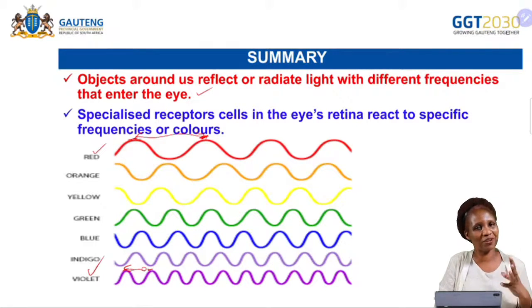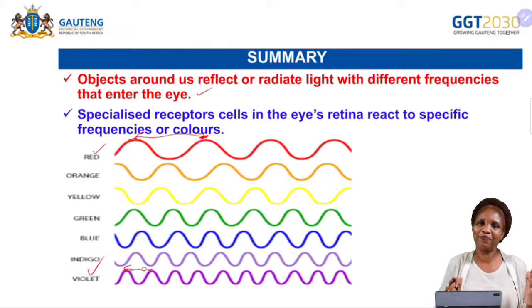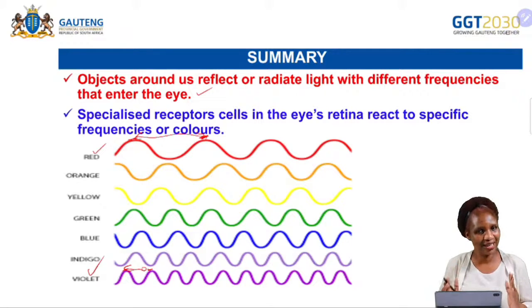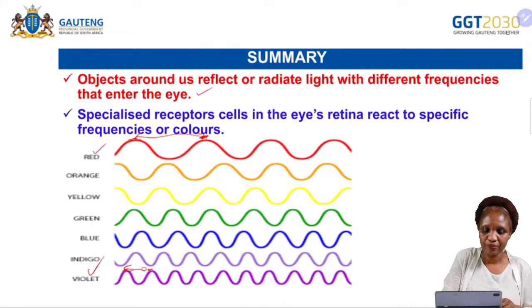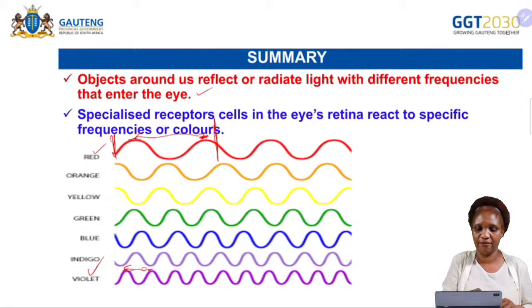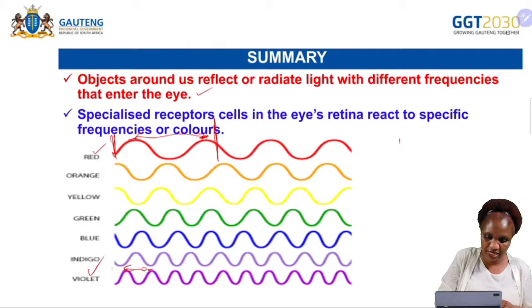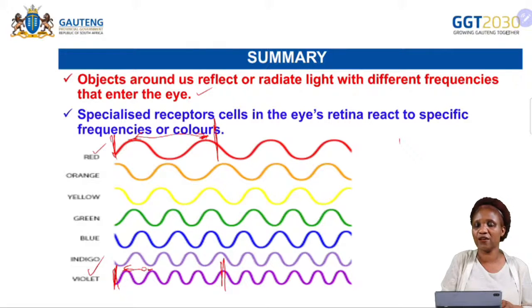But when it comes to frequency, we are measuring the number of waves that pass at a certain point at a given time. For example, if we check how many waves will pass from this point to this point. Okay. Then here we'll have how many? We'll just have one wave. It shows that the frequency is low. And then if we put the same distance from here up to here, how many waves will have passed that point?